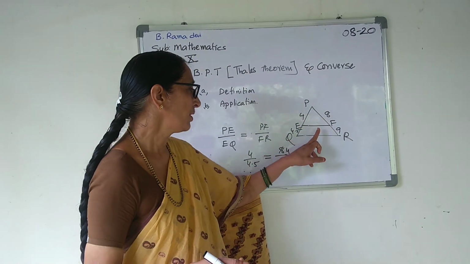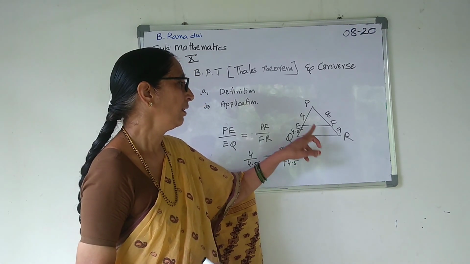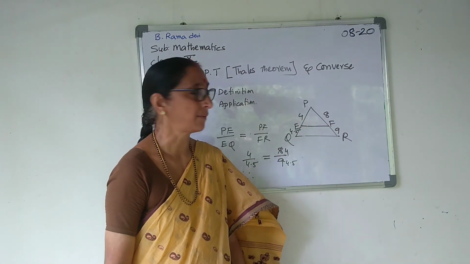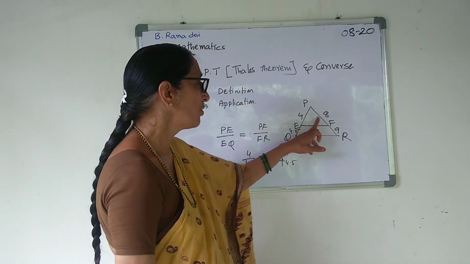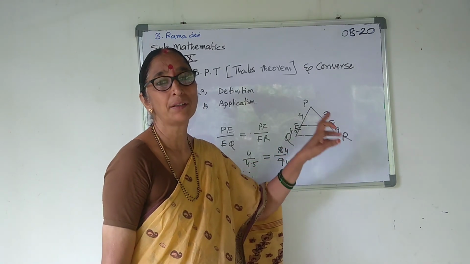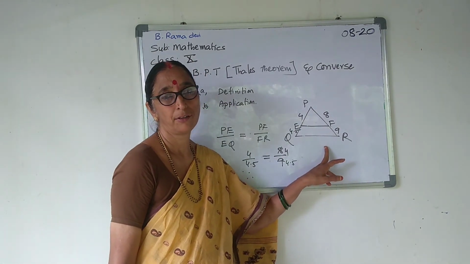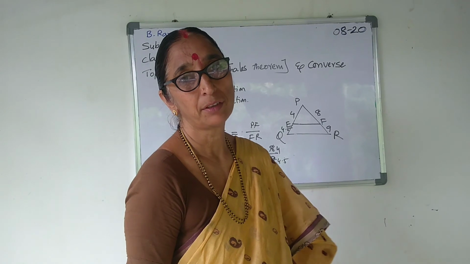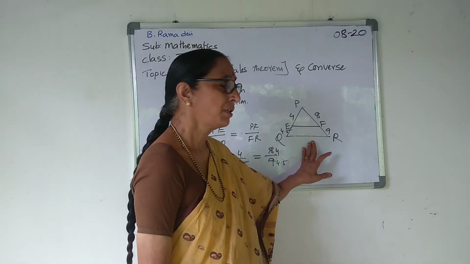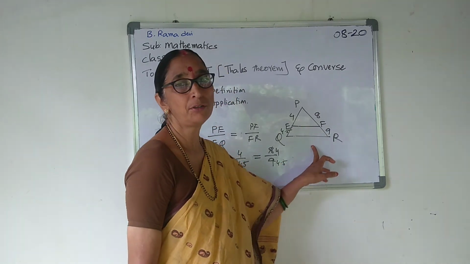Here, if EF is parallel to QR, it divides the other two sides in the same ratio. This is BPT. Here, the ratios are same. A line divides the two sides in the same ratio. So, it is parallel to the third side. Now, it is the converse of the BPT. According to the converse of BPT, we can say EF is parallel to QR.